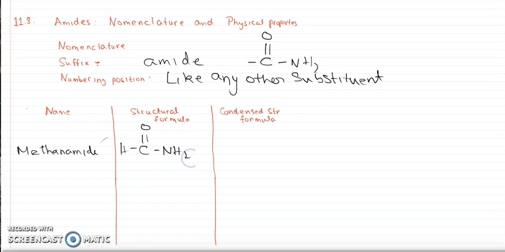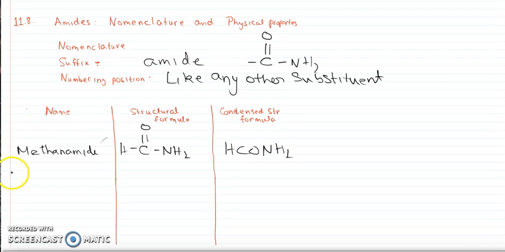So if you remember, the carboxylic acid group was HCOOH. If you replace the OH with an NH2, you get HCONH2.